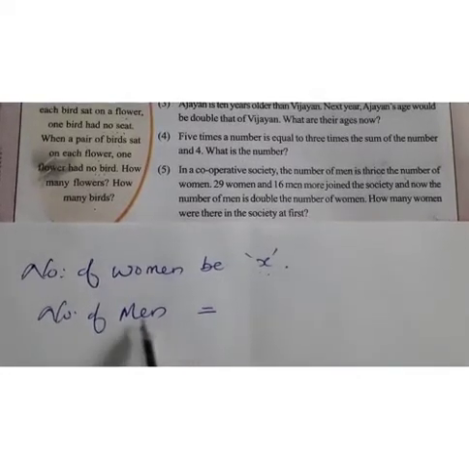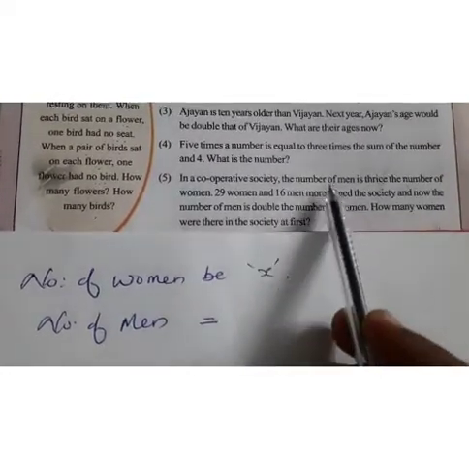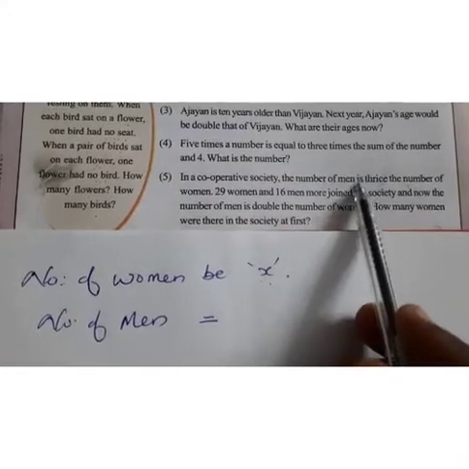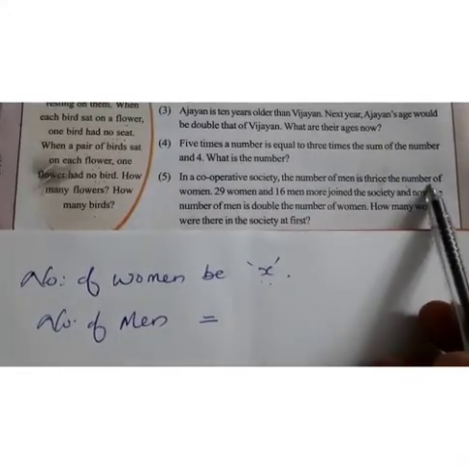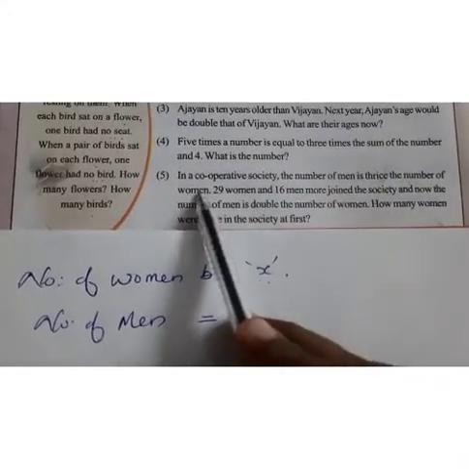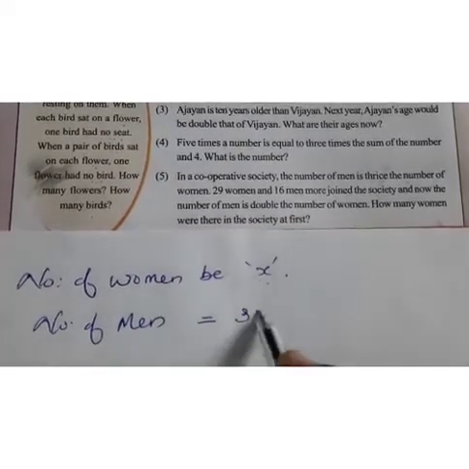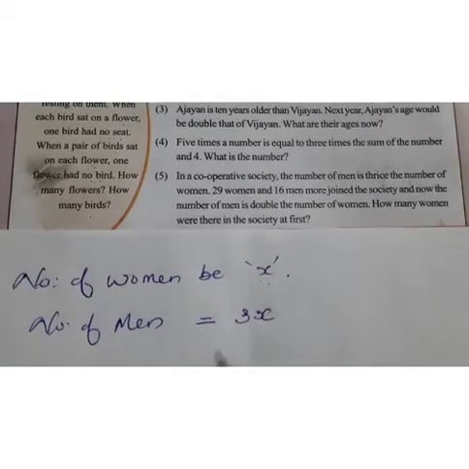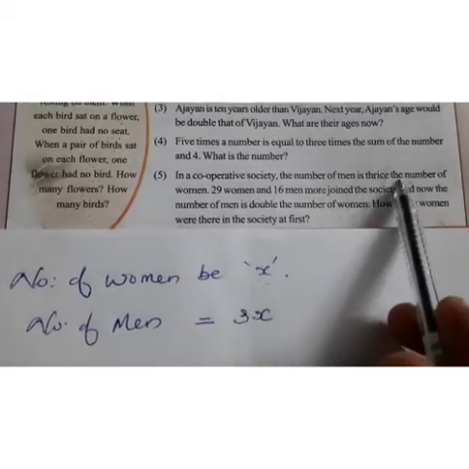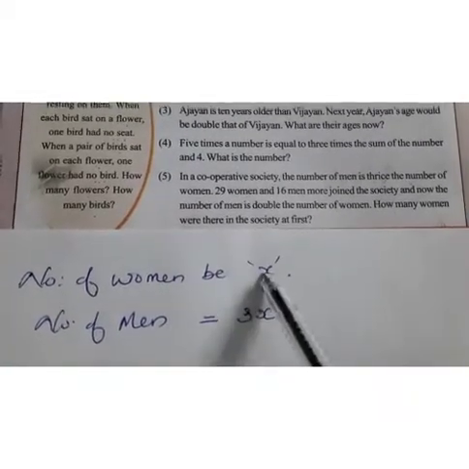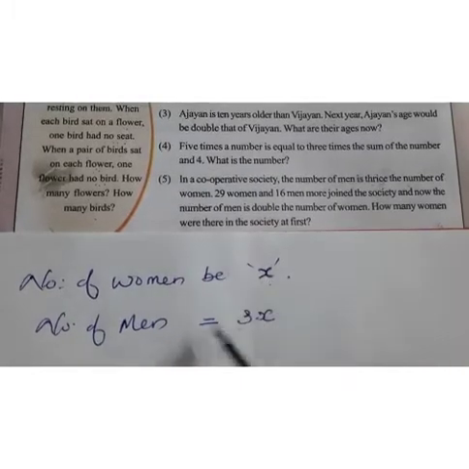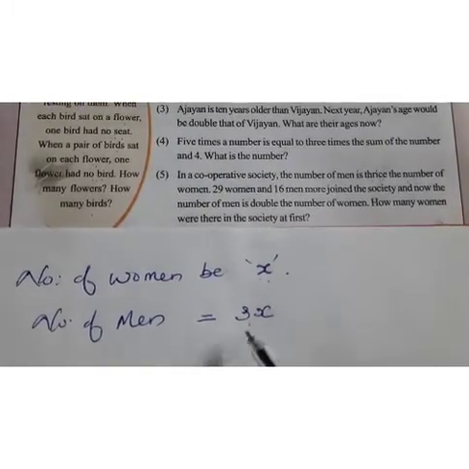Then how many are the number of men? Once started, men is thrice the number of women. Thrice means 3 times. So 3 times x we can write down. So the number of women is x, the number of men is 3x.